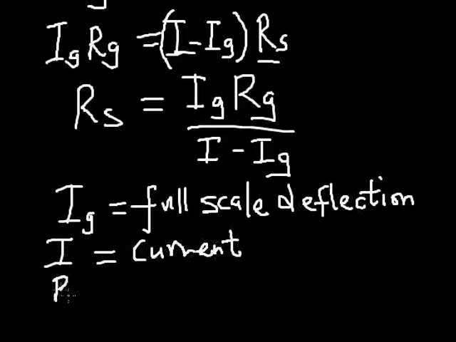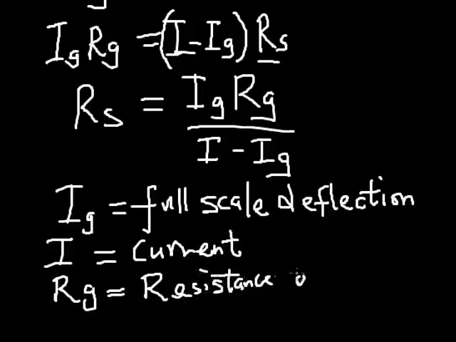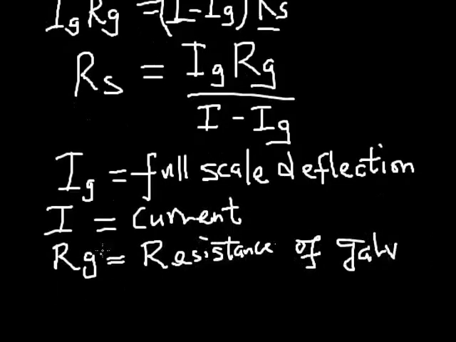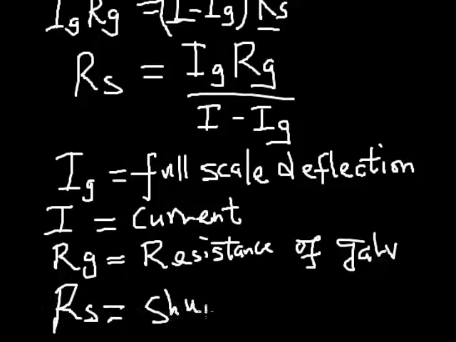The Rg, of course, is the resistance of the galvanometer, and of course, Rx is the shunt resistance.